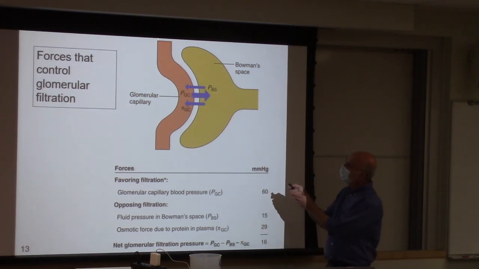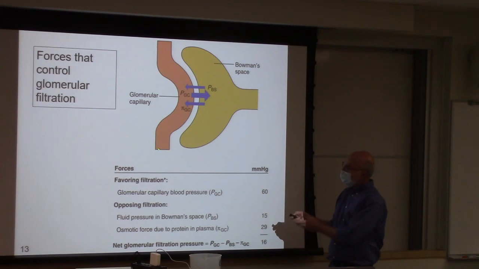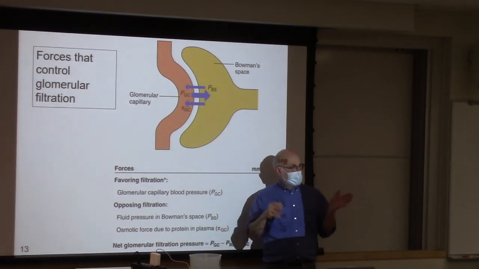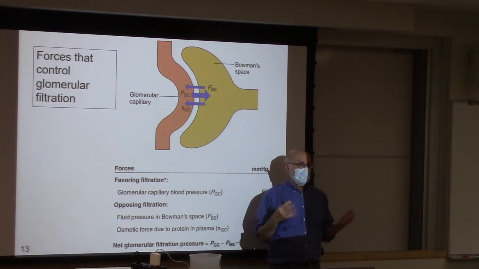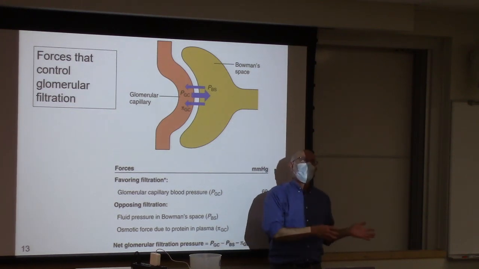Afferent arteriole, blood coming in, filtration going to happen here in the glomerular capillaries, and then the efferent arteriole where the blood is going to go into either the peritubular capillaries or the vasa recta capillary.